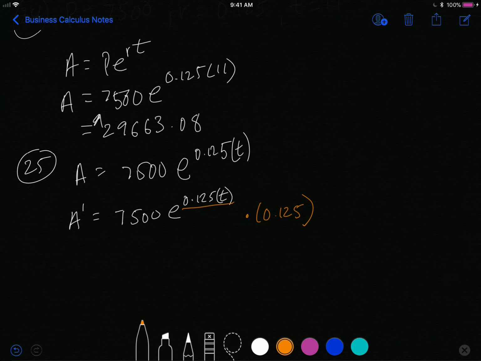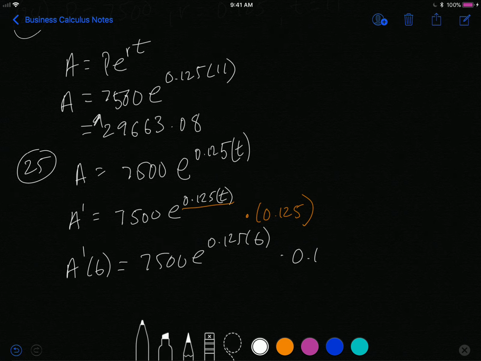Now that I have that, I just plug in 6, and that will give me my rate of change. So a prime at 6 is equal to 7,500 e to the 0.125 times 6 times 0.125. And that will tell me how much my money is growing by at that time. So again, you plug all of this into your handy dandy calculator, 6 years.